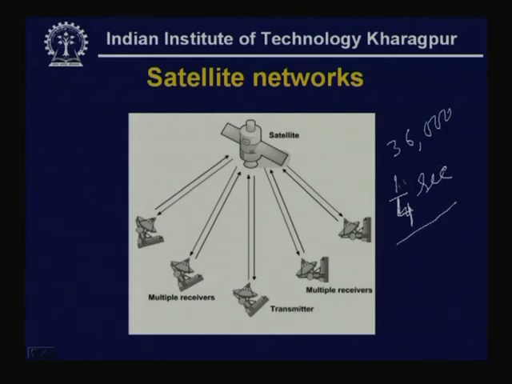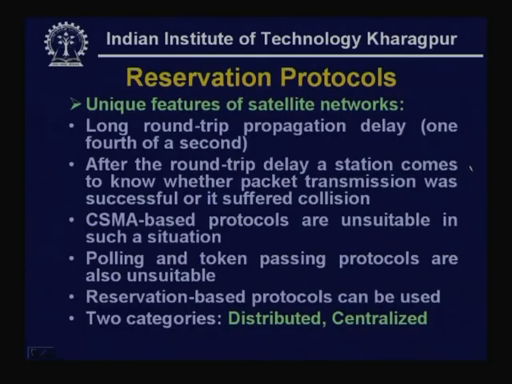1/4 of a second in today's context is quite a long time, and this has to be taken into consideration when we develop a protocol. After the round trip delay, a station comes to know whether a packet transmission was successful or it suffered collision.